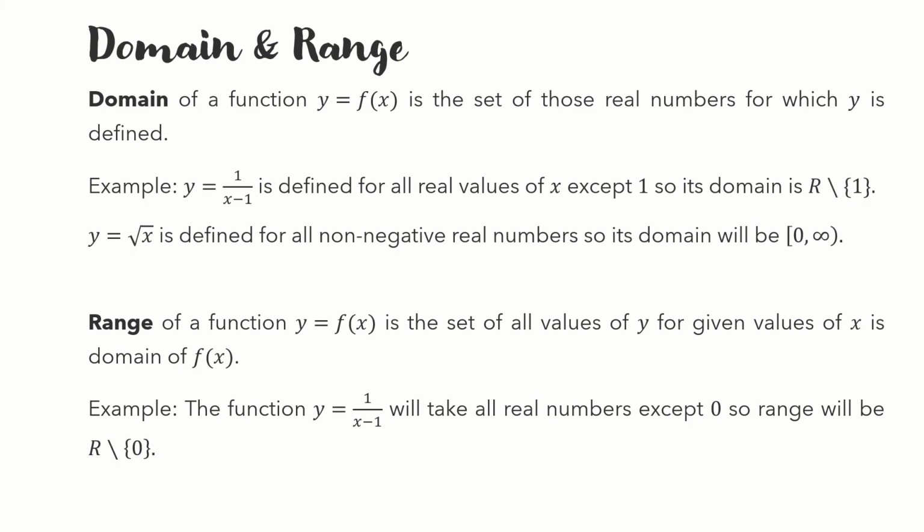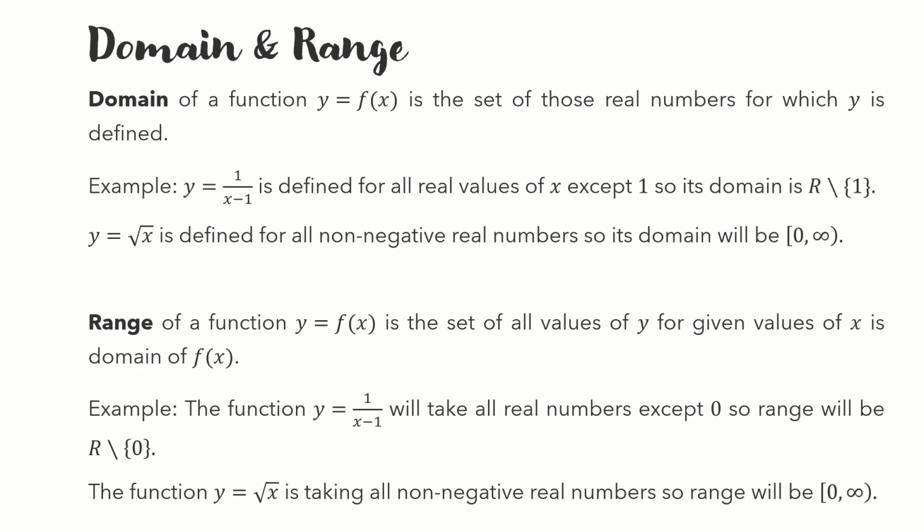If you talk about the second function we considered, y is equal to under root x, again, as I said, we will express this function in terms of x as a function of y. So we'll be having x equal to y square. In this case, this relation is defined for all values of y.